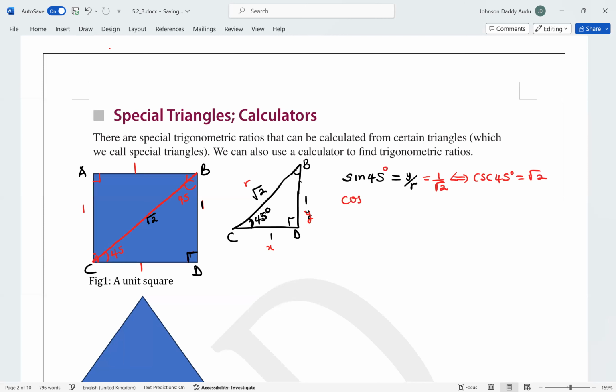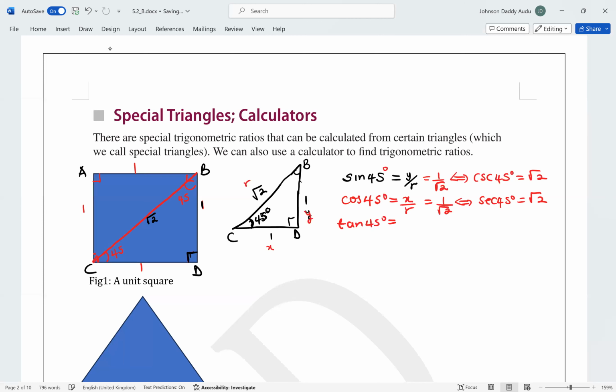Then cosine 45, which is adjacent, so it is x over r. X is 1, r is root 2, so cosine 45 is 1 over root 2. This means that sec 45 is also root 2. And then we go for tan 45.